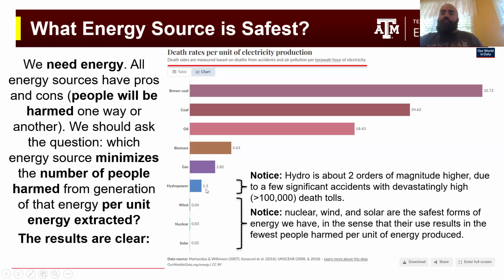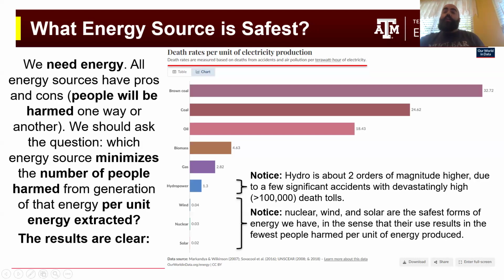If you compare hydropower to wind, nuclear, and solar, it's about two orders of magnitude higher. And this number is almost like an average that gets skewed by a couple of accidents, where a dam that is holding up a giant reservoir of water right above a giant city with millions of people fails. There have been dam failures that resulted in single accidents with death tolls of over 100,000.